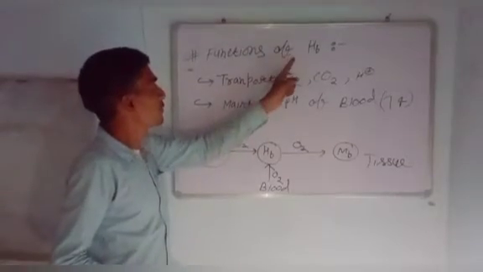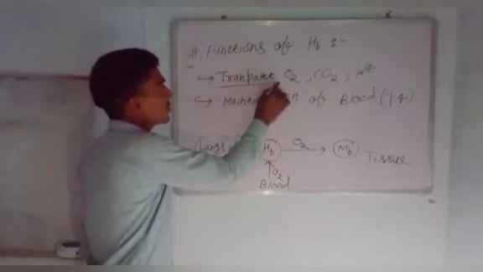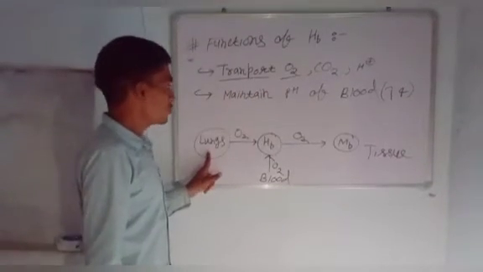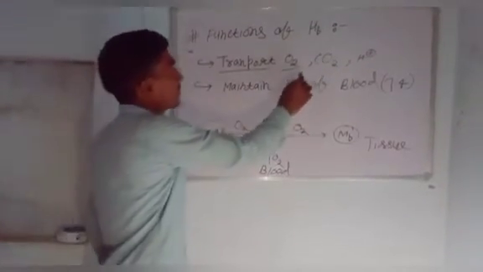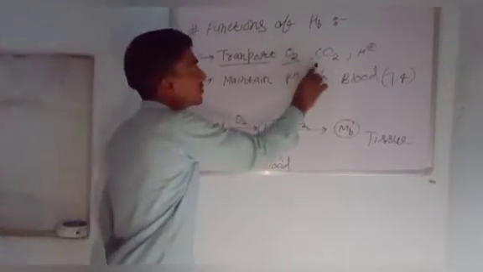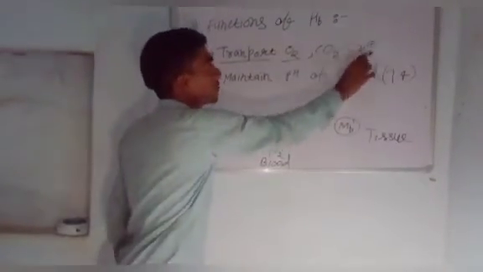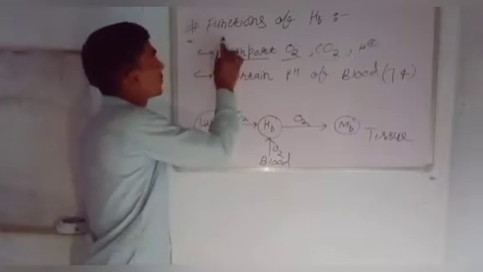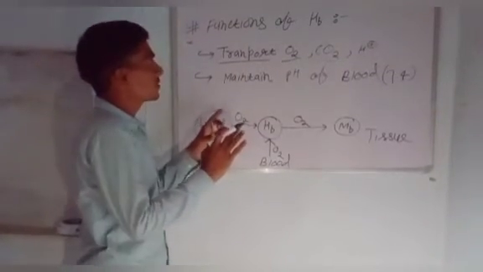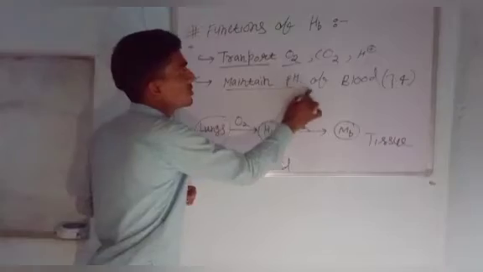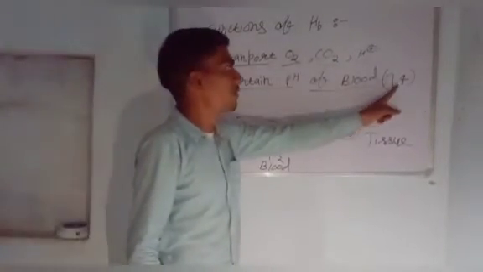Function of hemoglobin. Hemoglobin transports oxygen from lungs to tissue, and hemoglobin transports carbon dioxide and proton. Hemoglobin acts as a buffer solution, that means it maintains the pH of blood, that is 7.4.